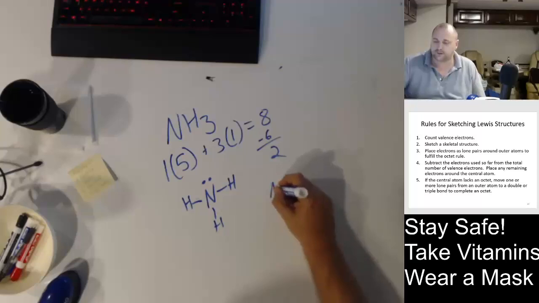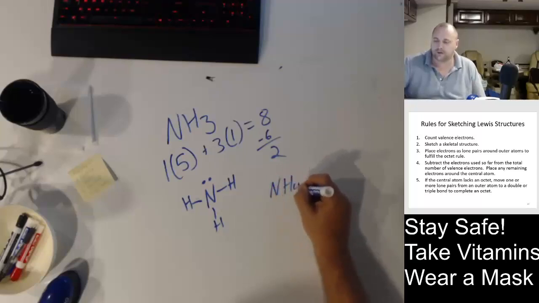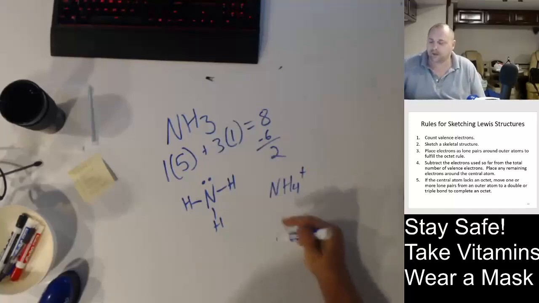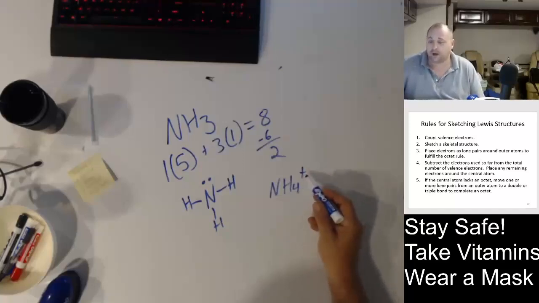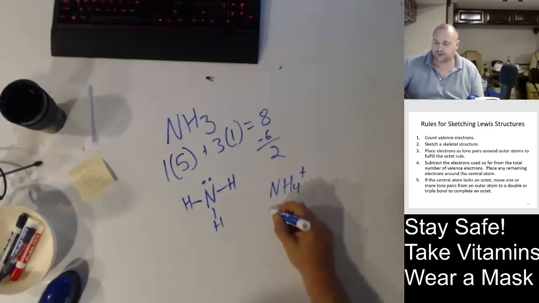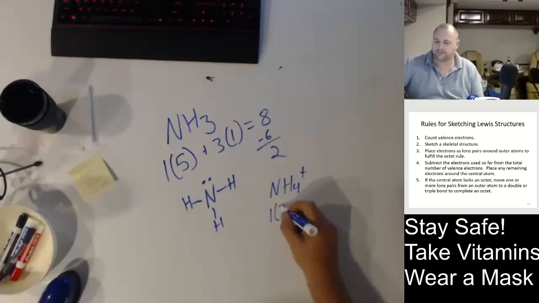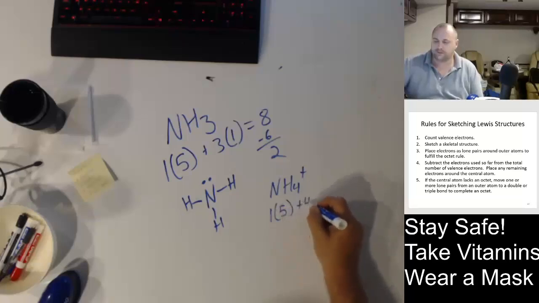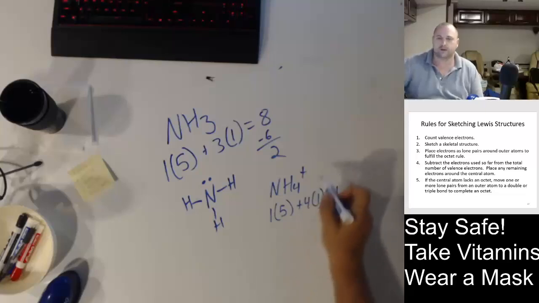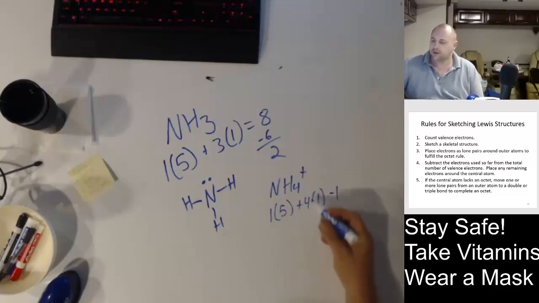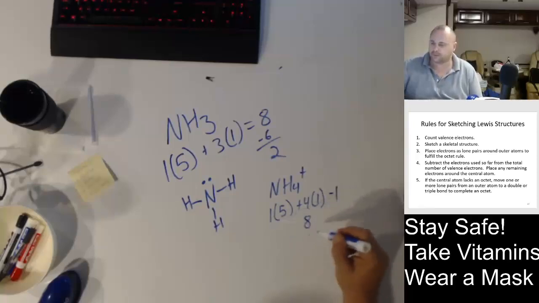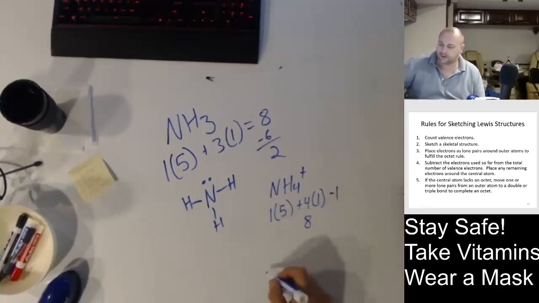All right. Now let's try something a little more complicated. So that was ammonia. This is ammonium. NH4, and it's got a positive charge. So this one, I've got 1 times 5 plus 4 times 1 minus 1 because of that positive charge. So now I have 8 electrons. 9 minus 1 is 8 electrons.